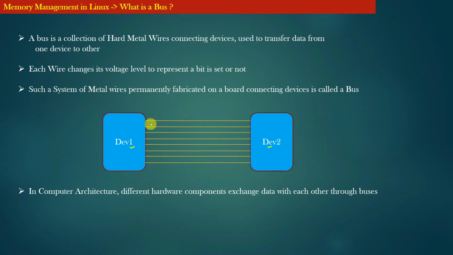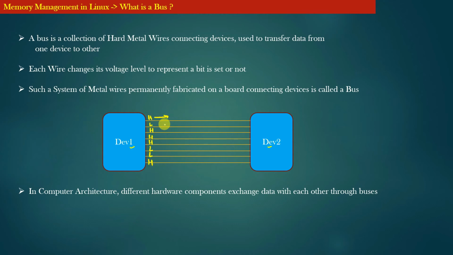For example, on the first wire device 1 sets the voltage level as high, on the second one low, then on the third again high, high, high, and then low, low, and high. We are just randomly assigning voltage levels to these wires, right? Depending on what data device 1 wants to send to device 2, device 1 will set the voltage levels of each of these individual wires.